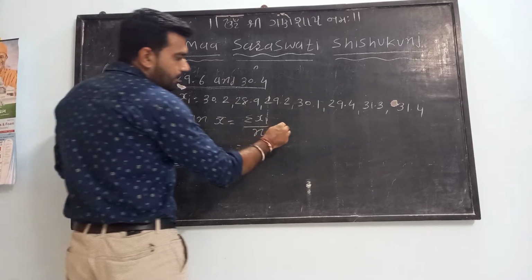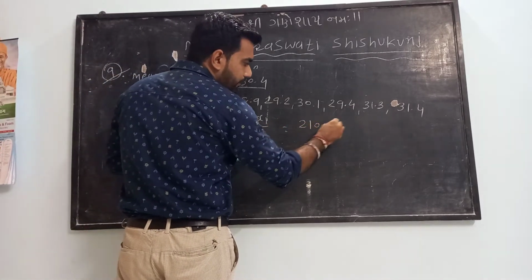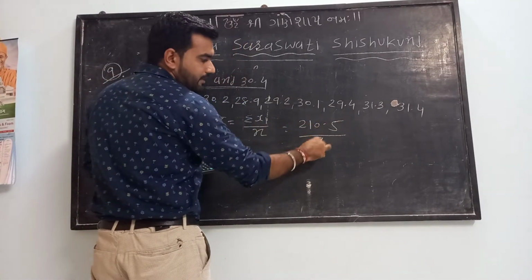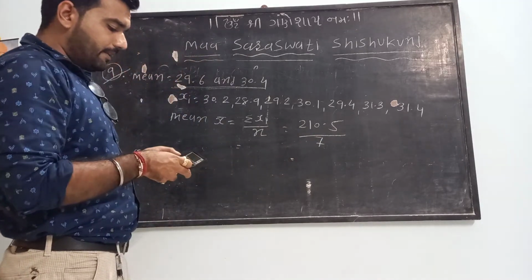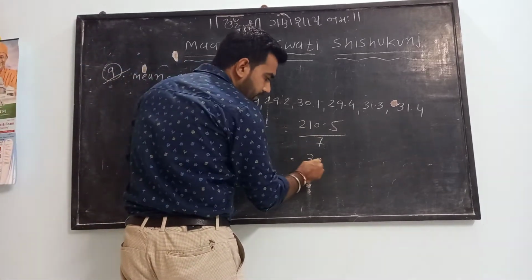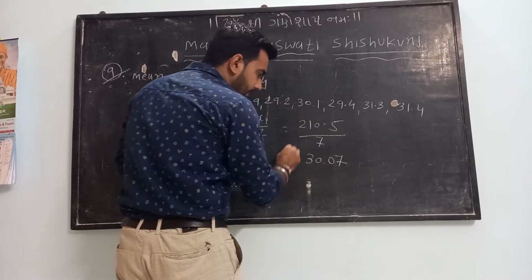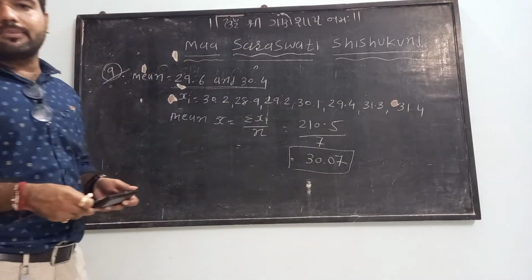So the answer is 210.5. Divide by n, which is 7. So the final answer divided by 7 is 30.07. Our mean x bar is equal to 30.07.